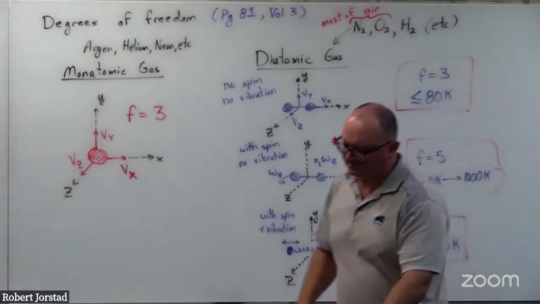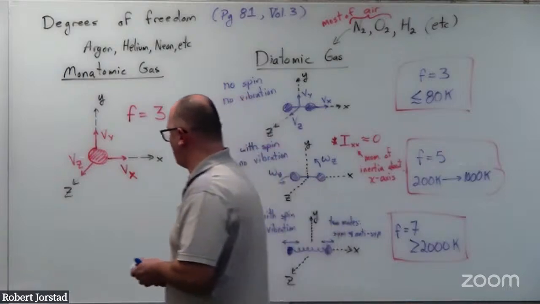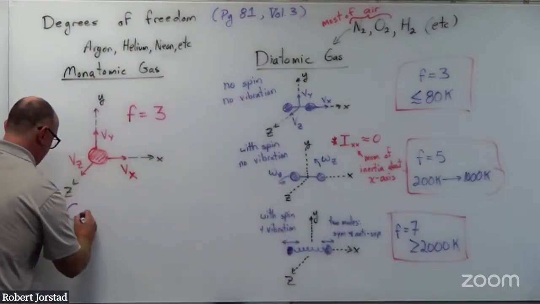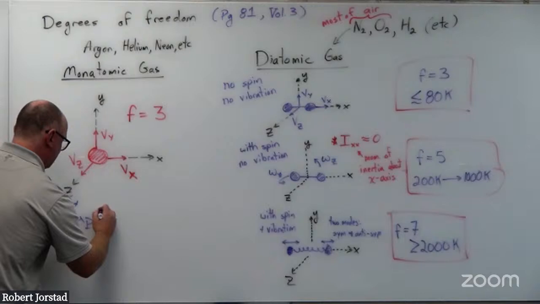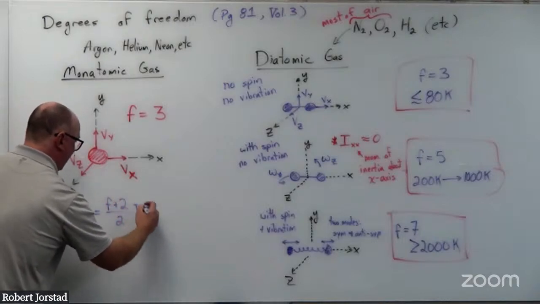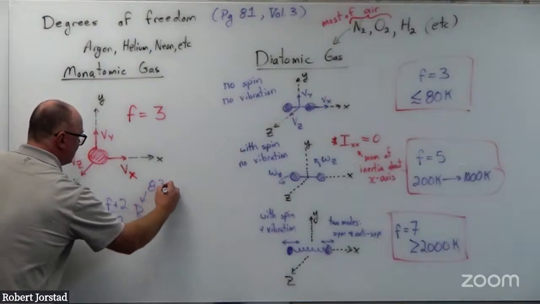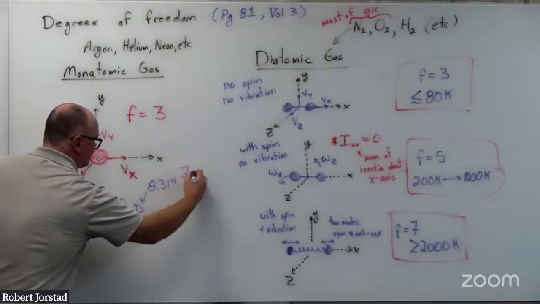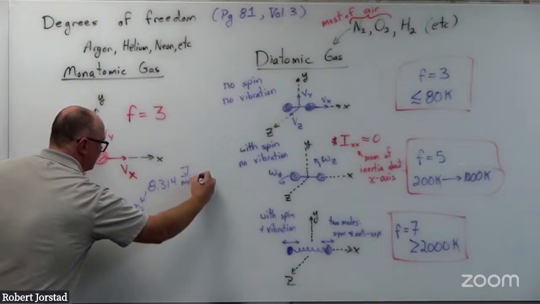But I do want to remind you, what was the point of this? C sub p was (F plus 2) over 2 times R, where R is 8.314 joules per mole Kelvin.